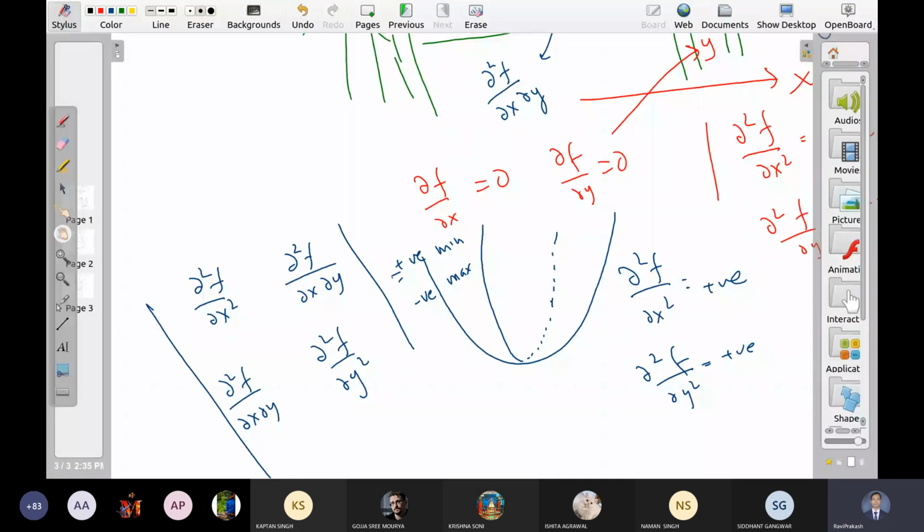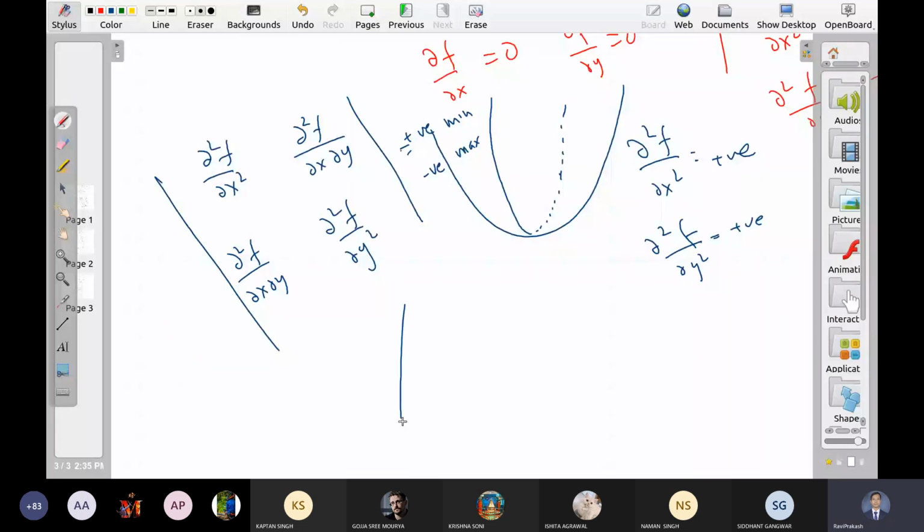So let us say this is the surface. I mean, it is some complicated surface. Let us say we are here. So depending on which direction you go, you will see various slopes. Along the x-axis, this is the slope. Along the y-axis, the slope could be something else.